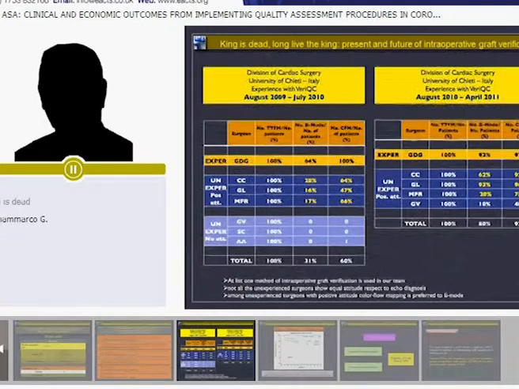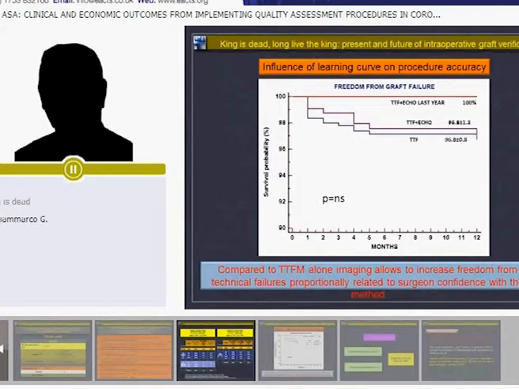And this is the influence of the learning curve on procedural accuracy. The 2 curves on the bottom of this graph are for all grafts controlled by transit time flow meter, and those grafts controlled by transit time flow meter and surface echo out of the last year of our experience.